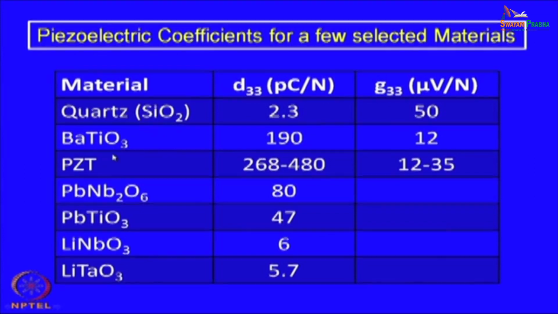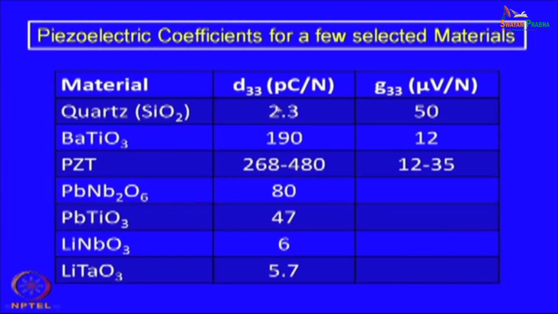If you take barium titanate, it is also a ferroelectric as well as piezoelectric material, and its piezoelectric coefficient D33 is 190, whereas the voltage coefficient is only 12. Okay.